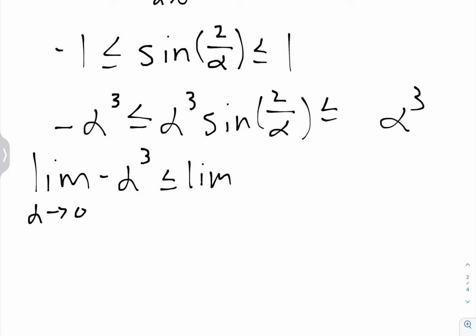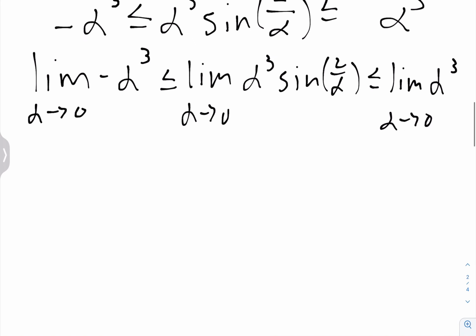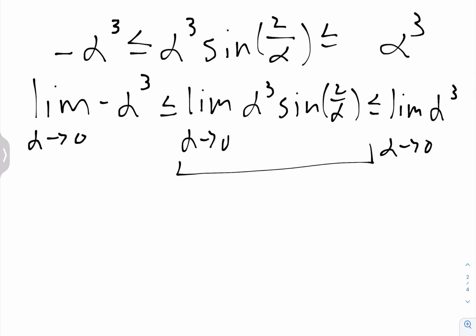So the limit as alpha approaches 0 of alpha cubed times sine of 2 over alpha, right? And we know that that's going to be less than the limit of alpha cubed as alpha approaches 0. So notice how this is the original question. This is what we're actually looking for.